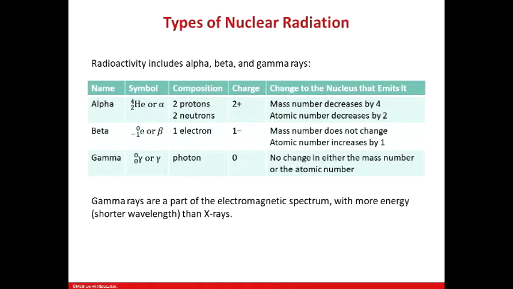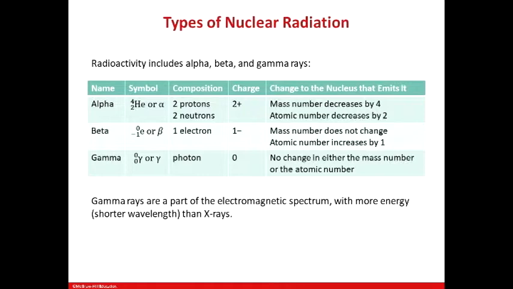We have the alpha, the beta, and the gamma. The alpha, you see there, is helium-4-2. It's called an alpha, and it has 2 protons and 2 neutrons, but you knew that already, right? Because you saw He-4-2, and here's the number of protons, so you subtract 4 minus 2, you get the number of neutrons. It has a +2 charge.